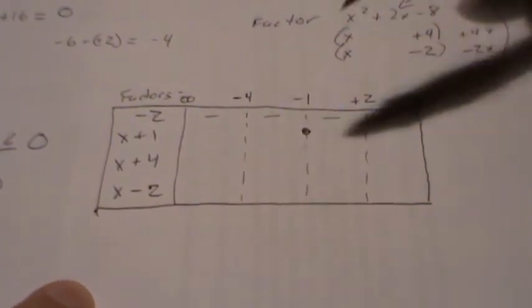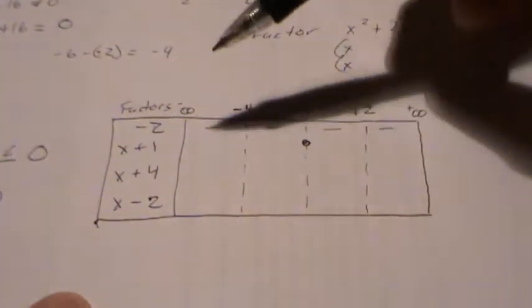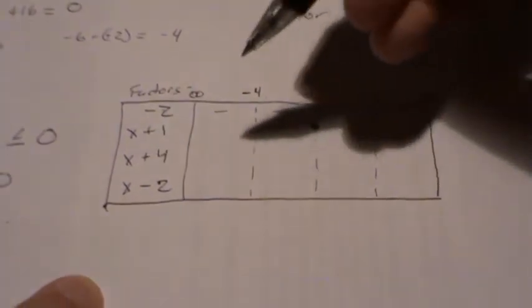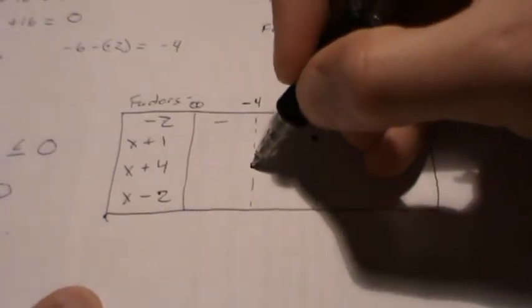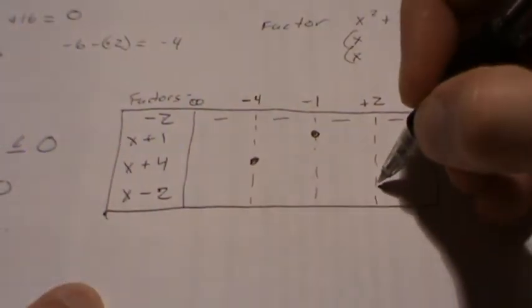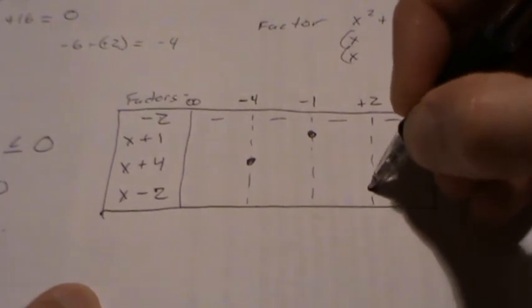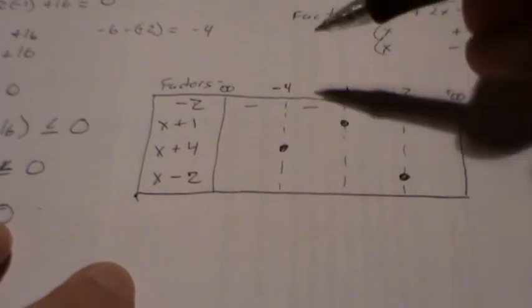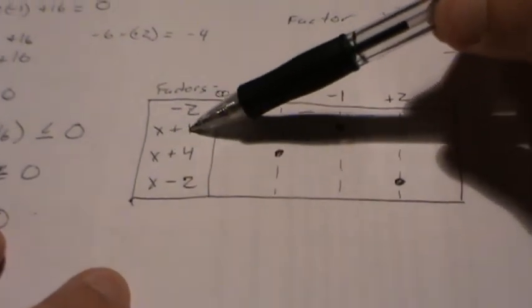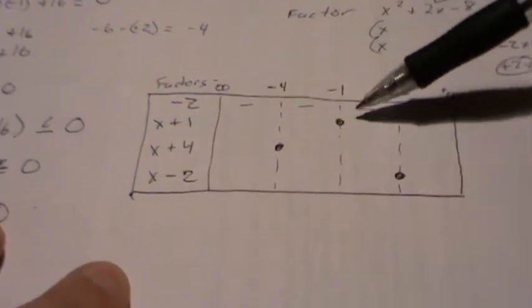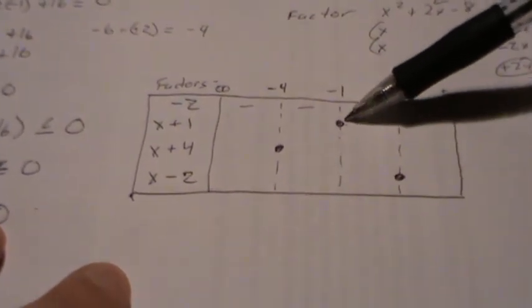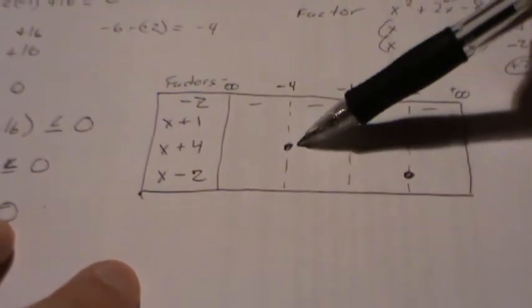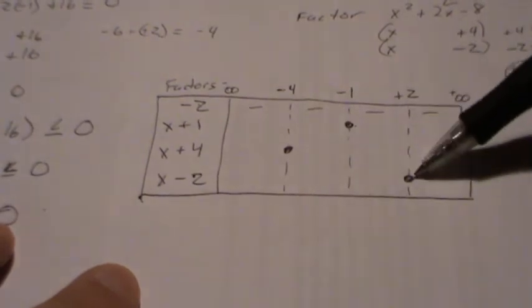This x plus 4, I'm going to put a dot right there, and this x minus 2, I'm going to put a dot right there. Okay? For each one of the factors that you write down, you put a dot where its root is.